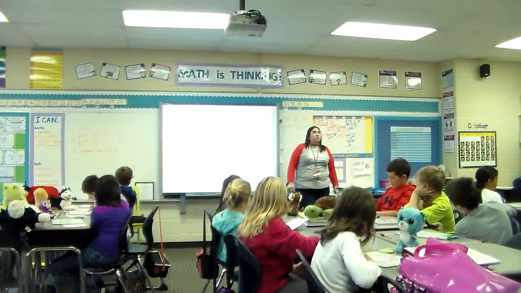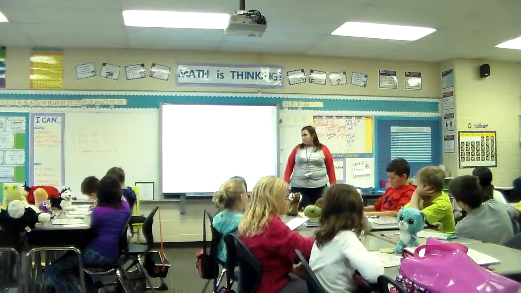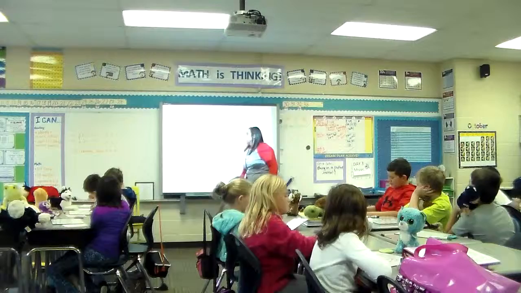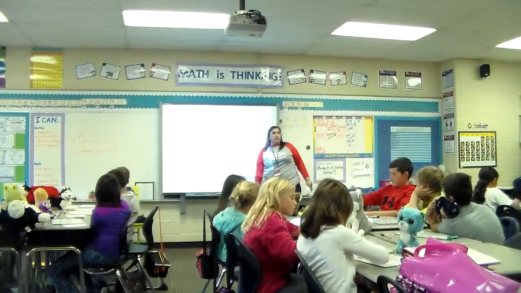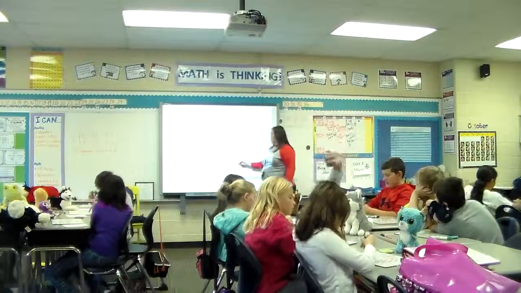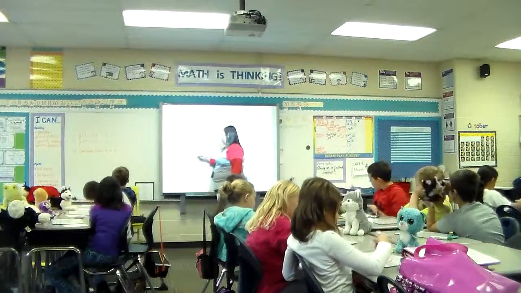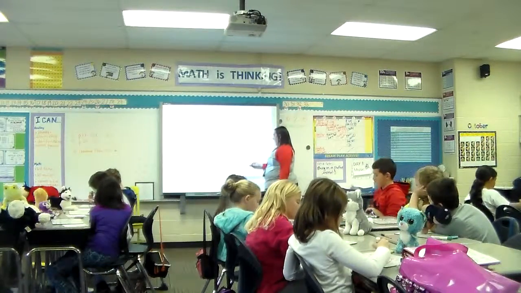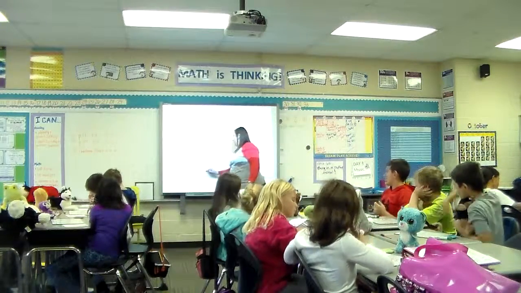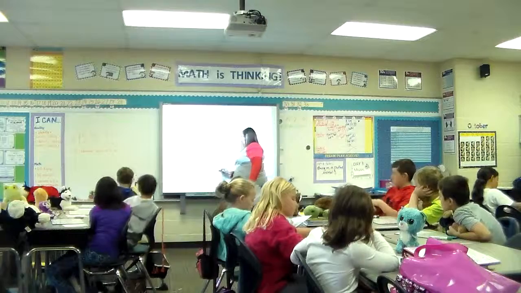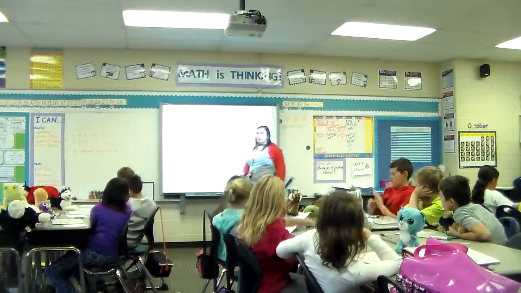Those sounded pretty similar, didn't they? Well, here's why. Because what do they share? They share the 1s. What else do they share? They share the 2s. They share the 4s. And they share the 8s. So guess what? The greatest common factor of 8 and 16 is what?